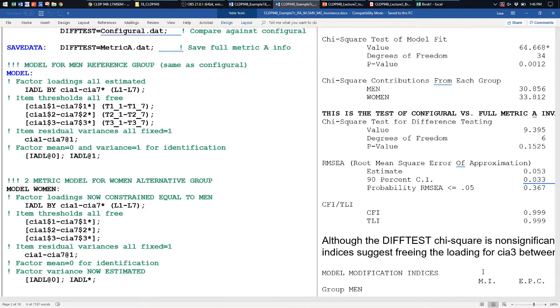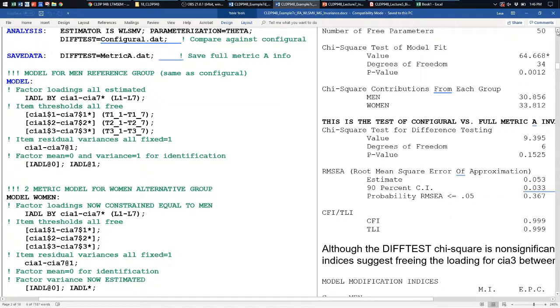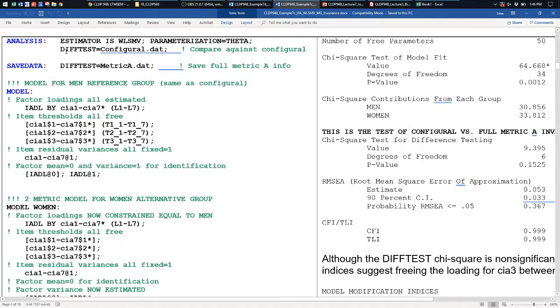In terms of doing the nested model comparison, I am doing two things here. At the top, number one, I am bringing in the information from the previous model into analysis. So it's saying, hey, take that stuff you just saved from the other run and bring it back in so we can use it for the comparison.